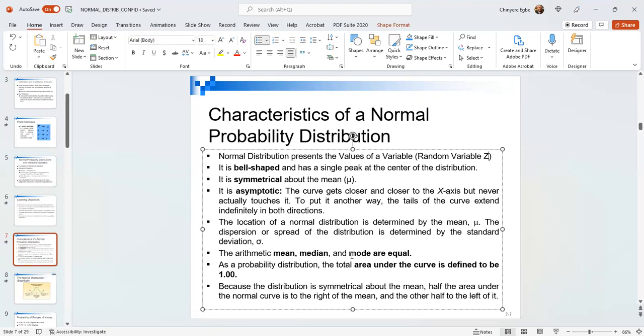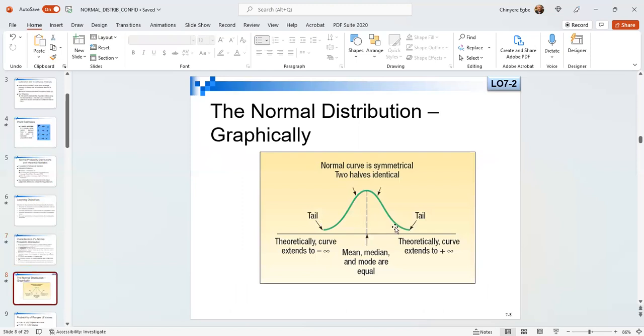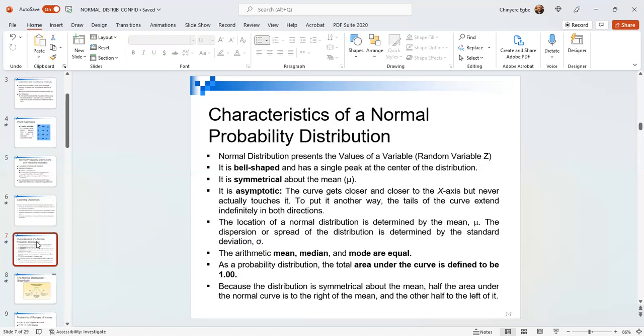It is asymptotic, which means that this tail goes on forever on the right side, and this tail goes on forever on the left side. So it never touches the line. So we say it's asymptotic.